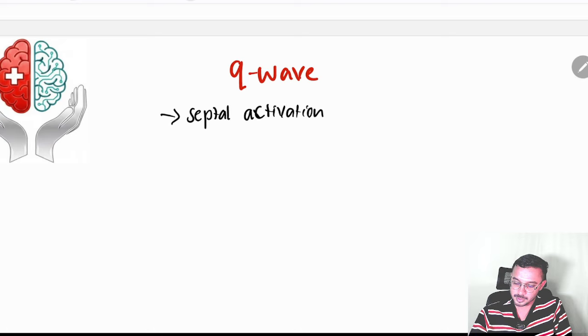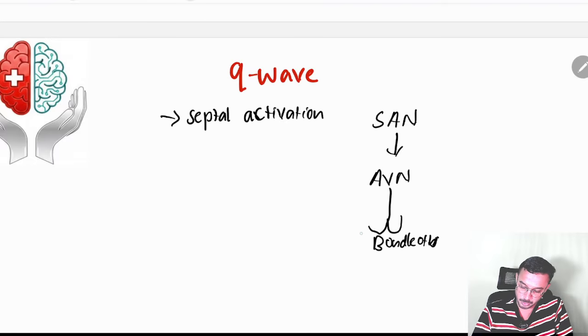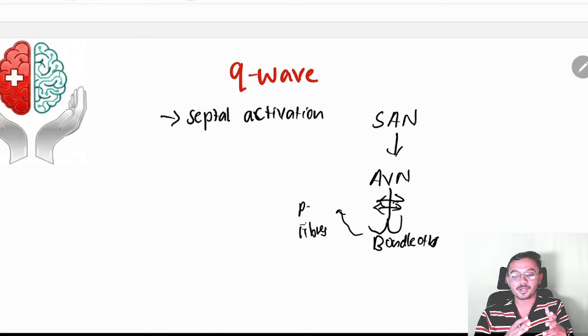SA node to AV node to bundle of His, then to the Purkinje fibers. This is the normal conduction system. The Q wave is septal activation, where the current spreads through the interventricular septum. This is the reason the Q wave is generated.